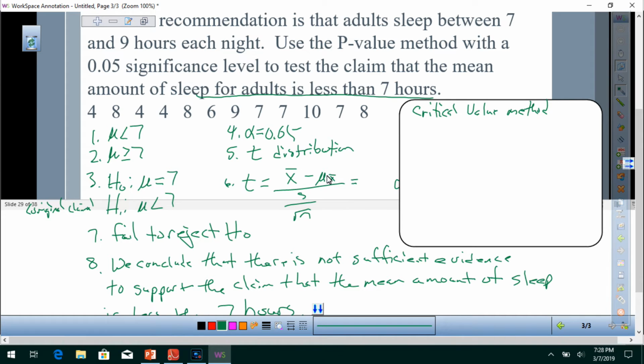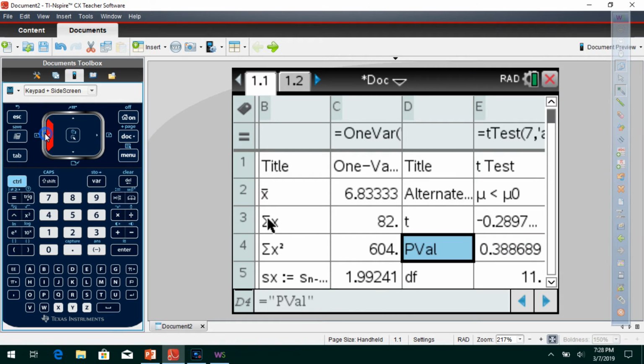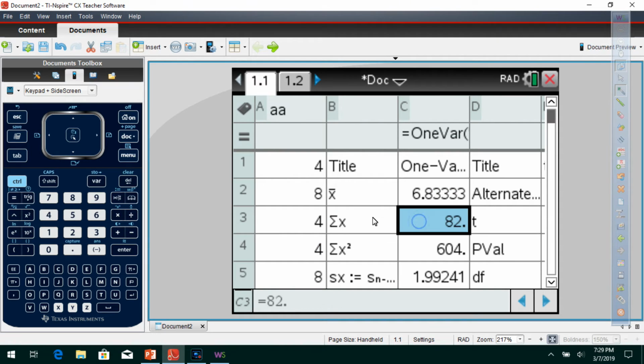This time we're going to have to calculate that right there. Well, we already have. We've got everything we need right here. So let's calculate our test statistic.